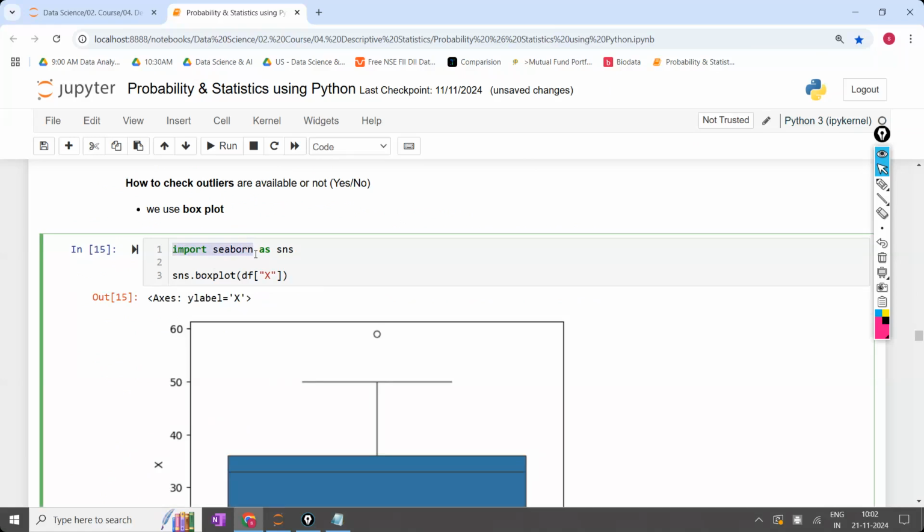Seaborn is a library. Sir, are you going to cover Seaborn and Matplotlib during the statistics? No. After the statistics, separately I will show you. But some of the plots are related to statistics, those plots I'll show you here. Other than statistical plots, the remaining plots will be covered next. Once the statistics is completed, the next concept is Matplotlib and Seaborn.